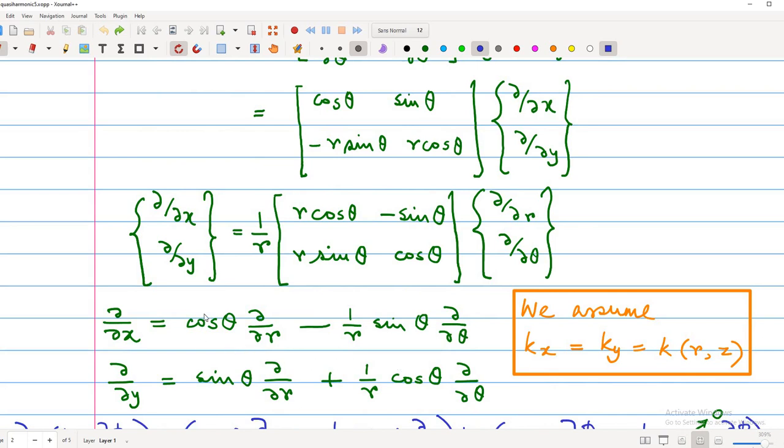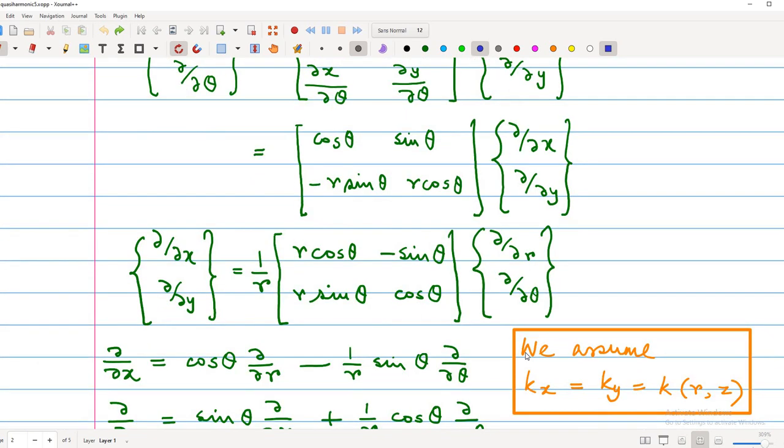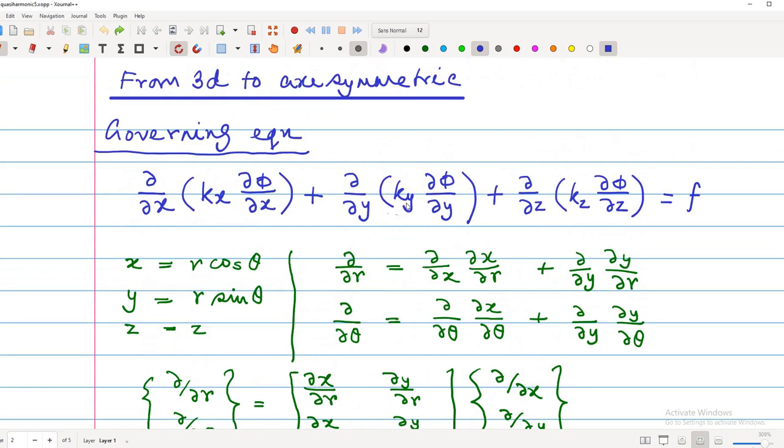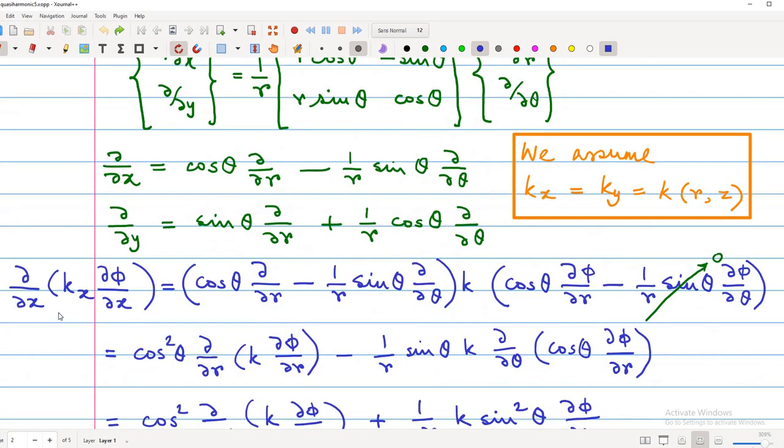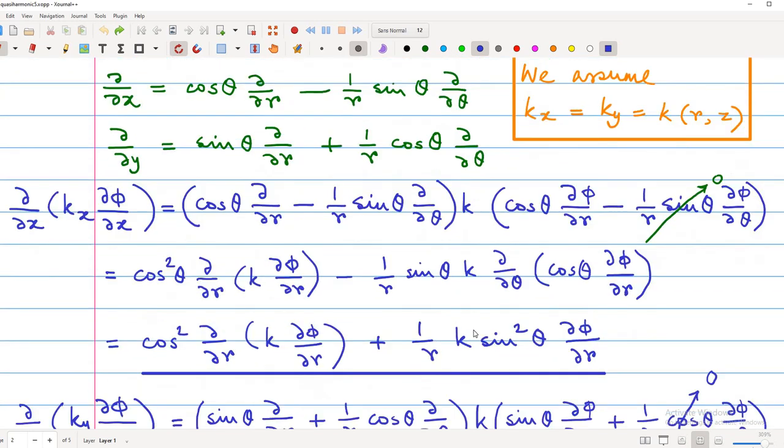Here we assume that kx and ky, that is, in the plane perpendicular to the axis, are equal, and it is a function of r and z and not theta. So we will replace kx and ky by k, and kz will remain. Then you take this del x from here, put it here, and assume that del phi del theta is 0.